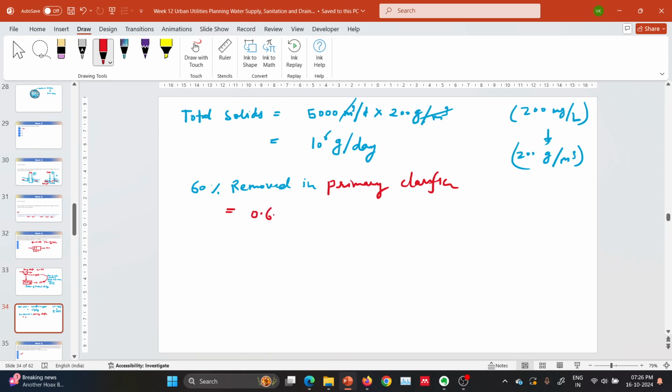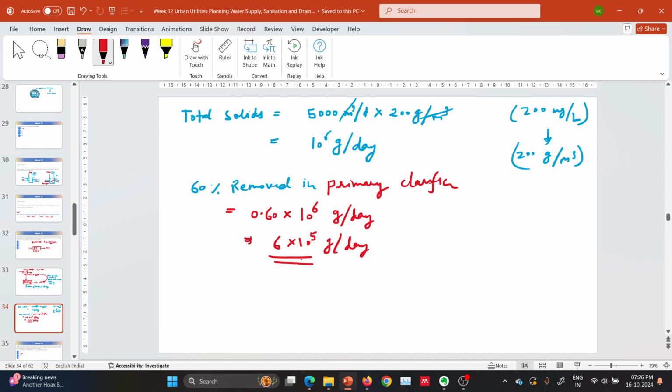That will be 0.6 of 10 to the power 6 grams per day. So it will be 6 into 10 to the power 5 grams per day.